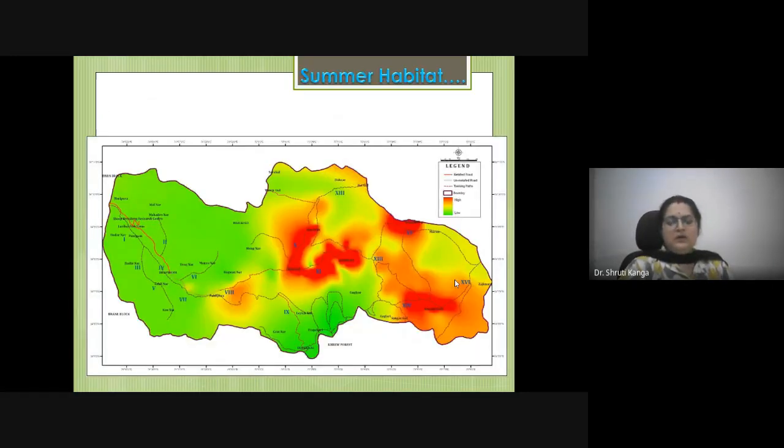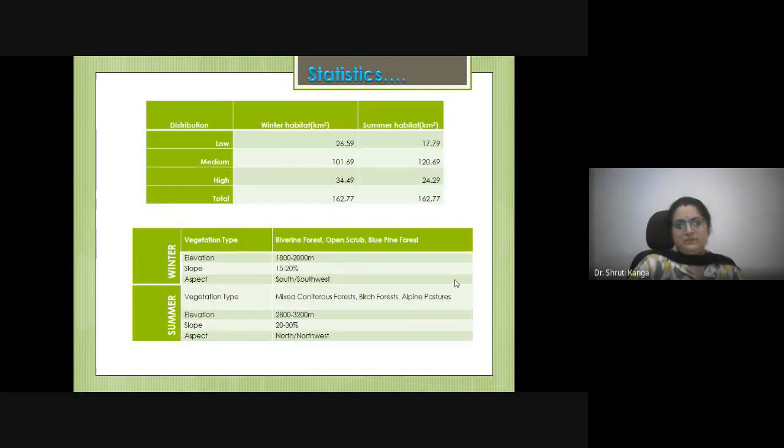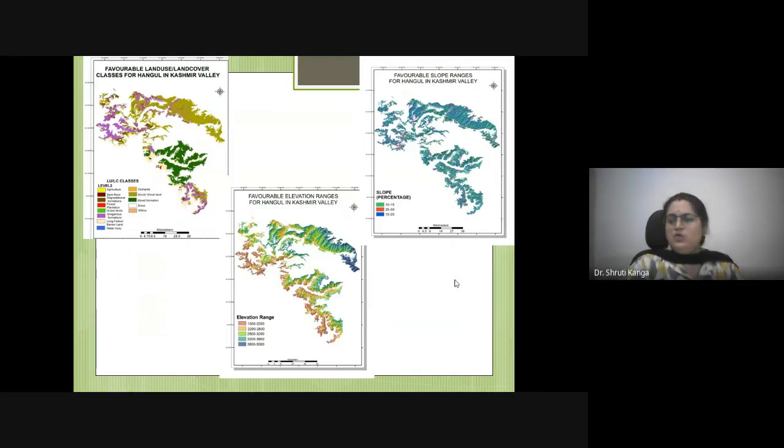Okay, so my aim is to show you this kind of studies, that you can also opt for your dissertations and thesis formation, these kind of problems in different areas. These are the statistics of the habitats in winter and summer, as per their vegetation classification. So these kind of analyses you can also go for with the help of different GIS tools, techniques, and overlaying of different layers.